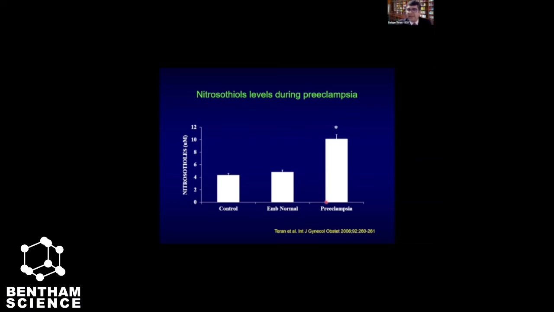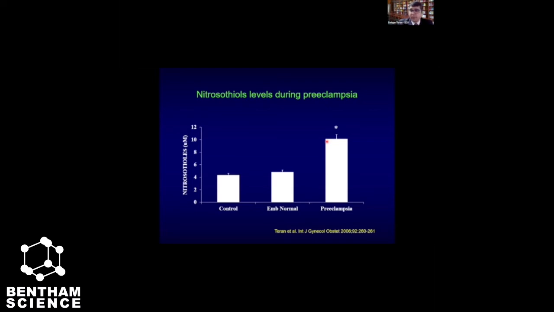Women with preeclampsia have significantly higher levels of nitrosophiles. Therefore, we were aligned with our suggestion. Women with preeclampsia produce, in fact, normal levels of nitric oxide. However, that nitric oxide can be sequestrated, taken over by nitrosoproteins, by nitrosophiles, and therefore is not acting at the cellular level.